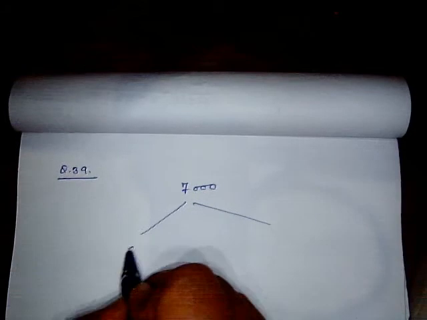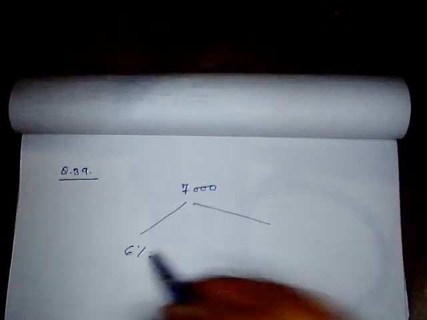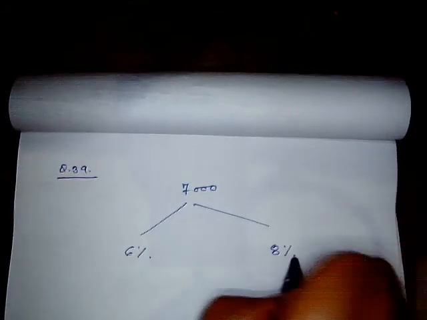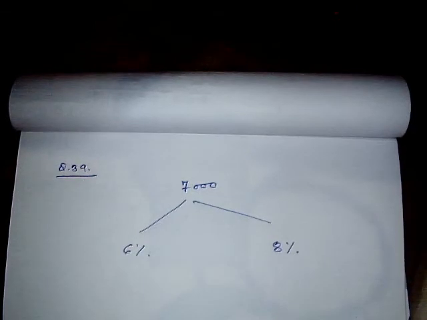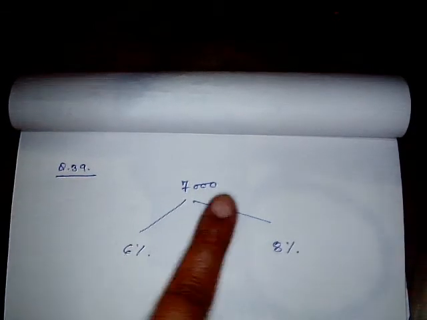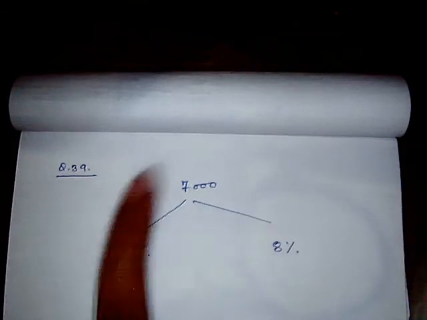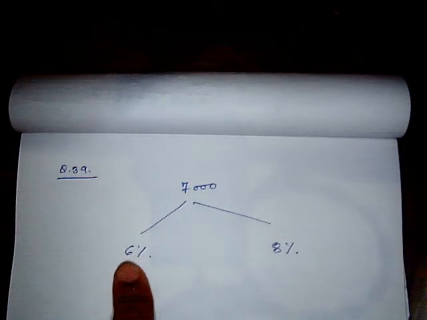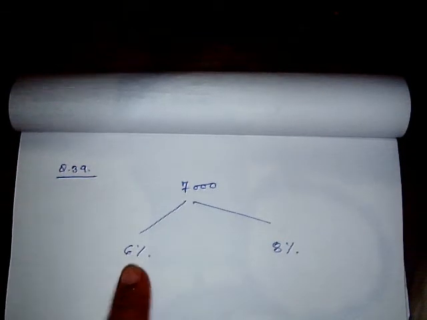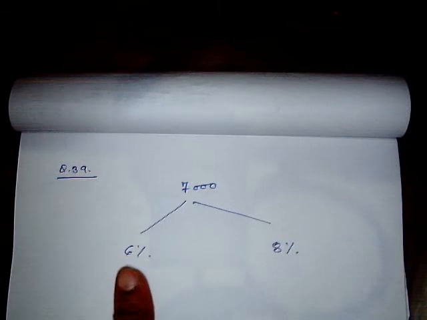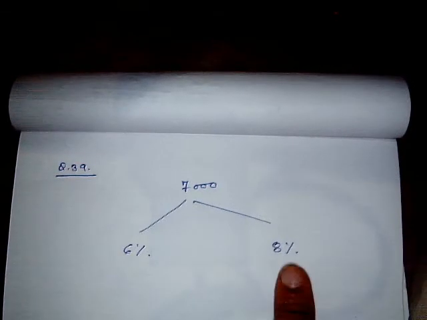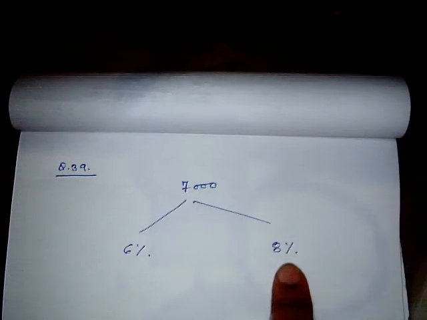One is paying 6% and one is paying 8%. Whatever part of this amount you invest under the 6%, you will get interest at the rate of 6%, and the part you invest under the other will give you interest at 8% annual interest.